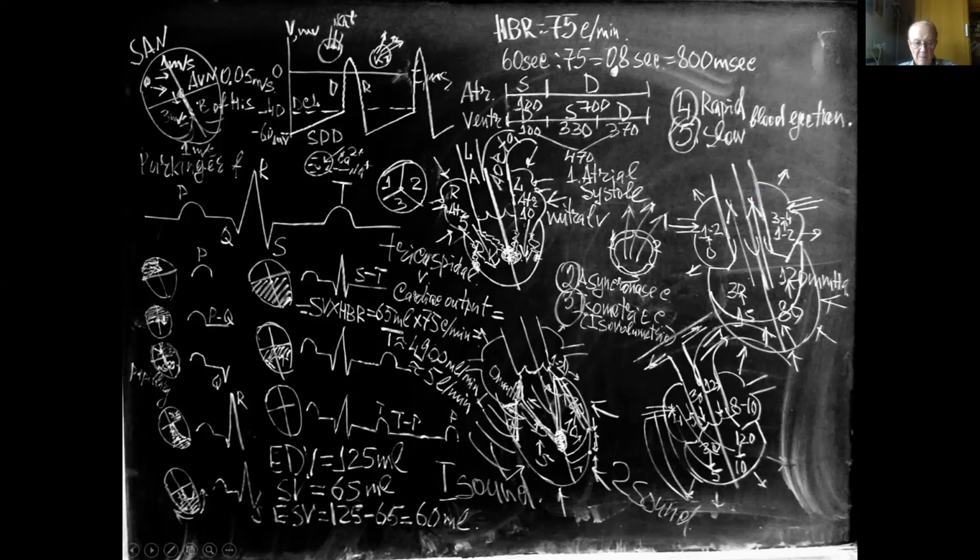After this, how much blood will remain in the ventricles? 125 minus 65, it will be the end systolic volume, 60 milliliters. That's why not all the blood pumps out from the ventricles, only a little bit more than a half. And 60 milliliters will be in each ventricle.